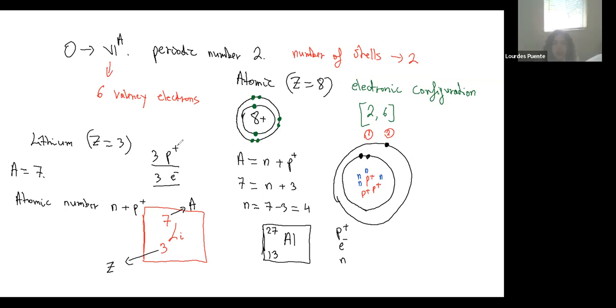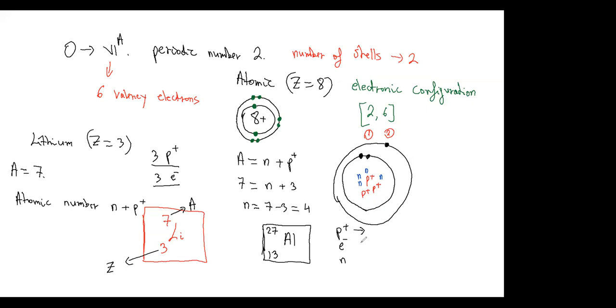Come on, guys, you have to participate in the class. Who has the answer? Write in the chat. What is the number of protons, electrons, and neutrons in this element? Yes, number 13. What is number 13? So protons is 13.